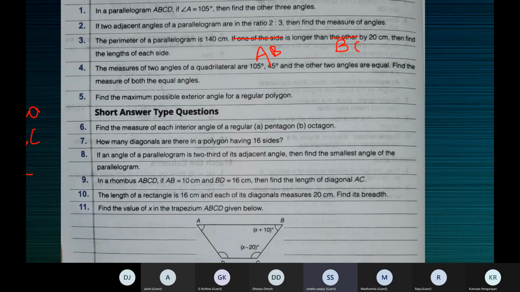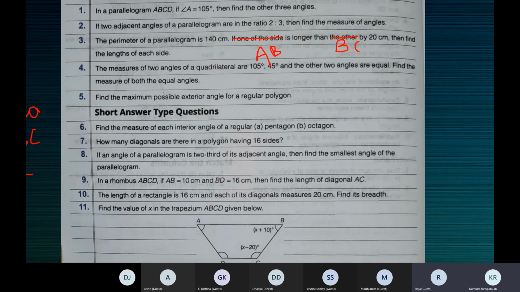Ma'am, completed the 8th one. All right. Ma'am, completed the 7th one. Yes, Raja, you got that answer, 104? Yes, ma'am. What is the formula, Raja, to find the number of diagonals?